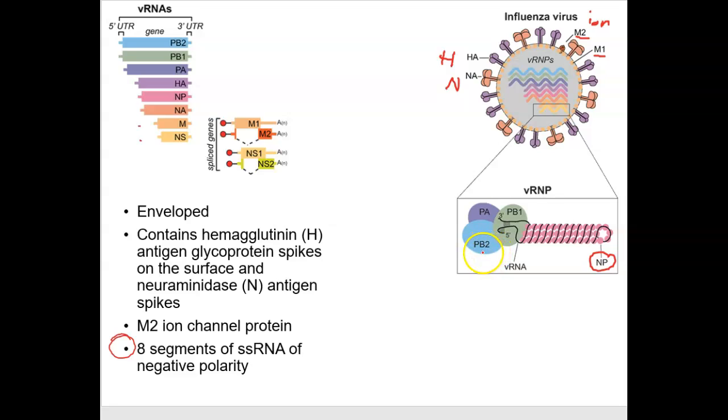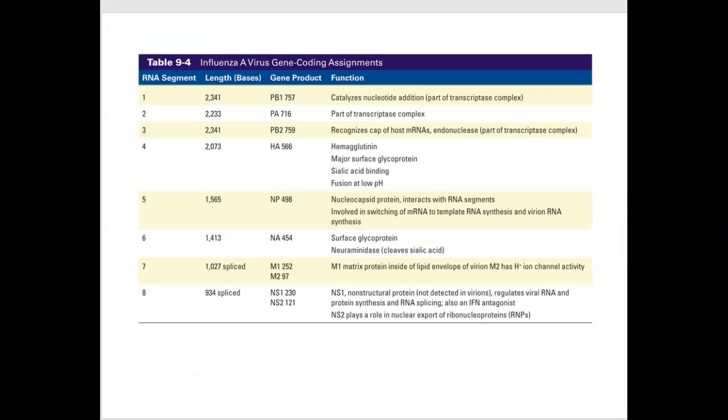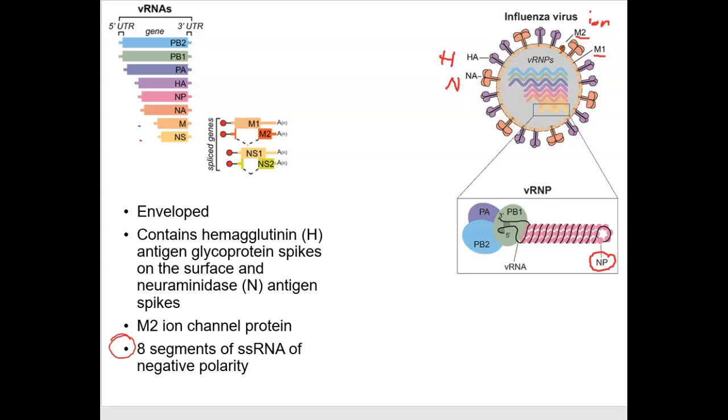So there's a really good table in your book, which is table 9.4. And this goes through the functions of all of the genes, which you need to know. So briefly, we'll talk about them here. These gene products here, these are all involved in the polymerase.